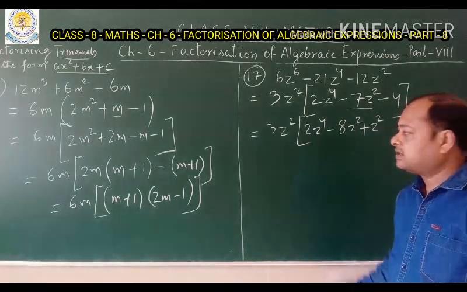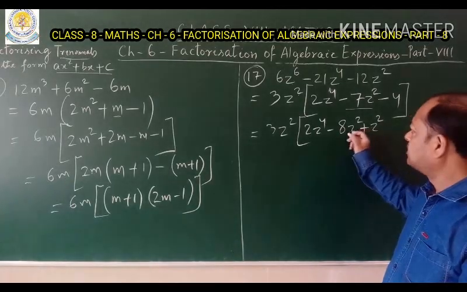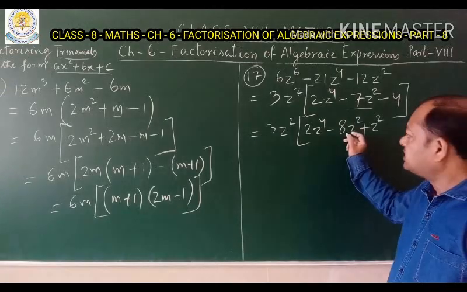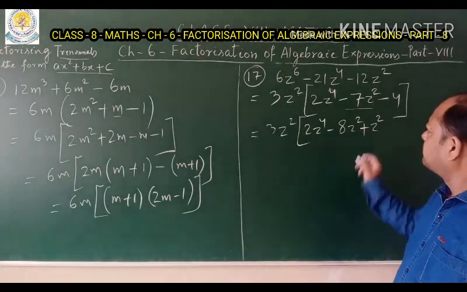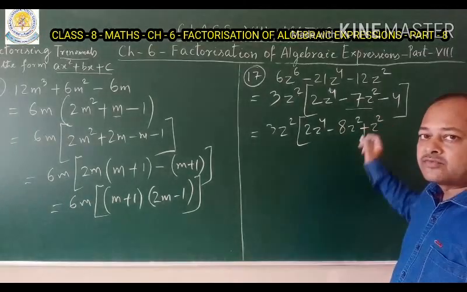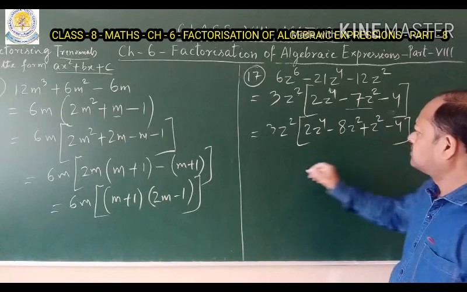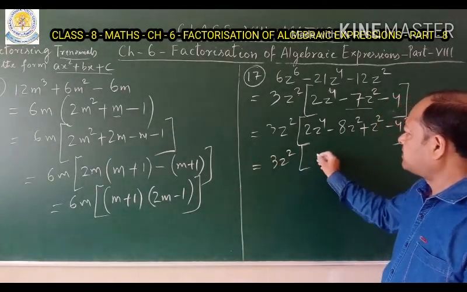If you add minus 8z square with plus z square, you will get minus 7z square, and if you multiply minus 8z square with plus z square, you will get minus 8z^4. Okay, now last term is minus 4. So you get here 3z square inside bracket.